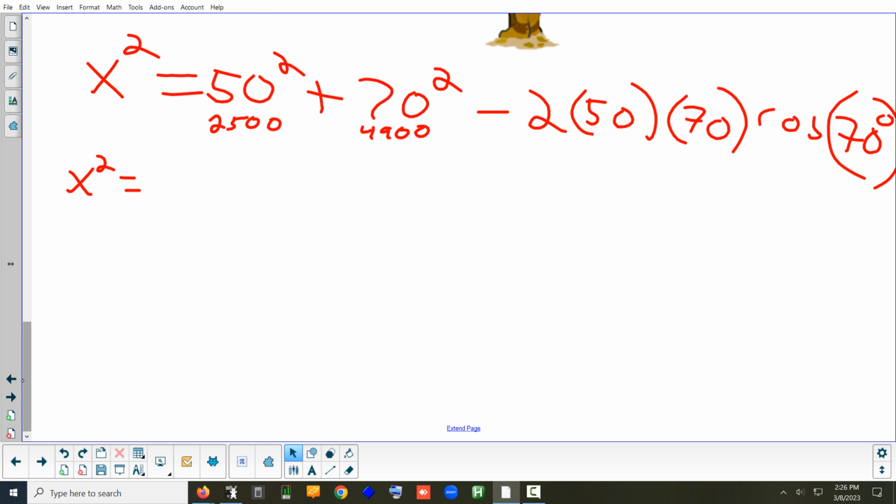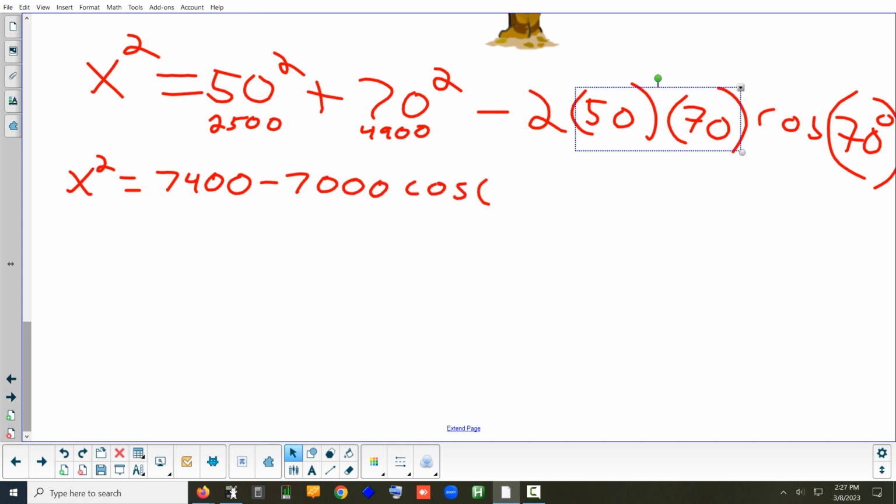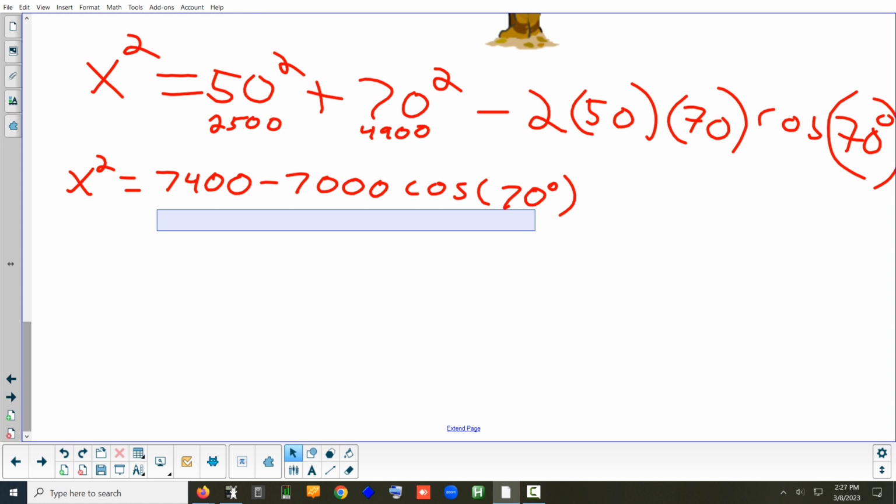What's 2,500 and 4,900? 7,400. All right. What's 2 times 50? 100. And what's 100 times 70? 7,000. Cosine 70 degrees. And really, we can just leave all that. We don't even have to do that out.